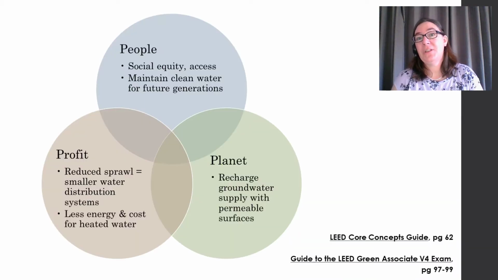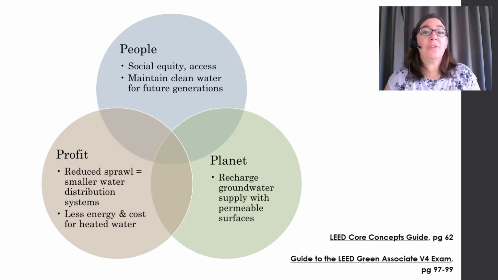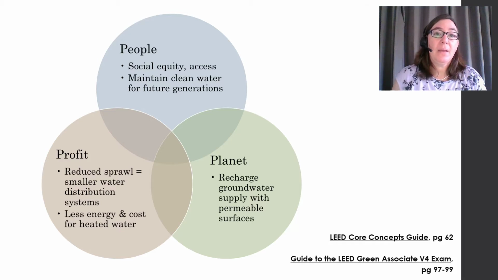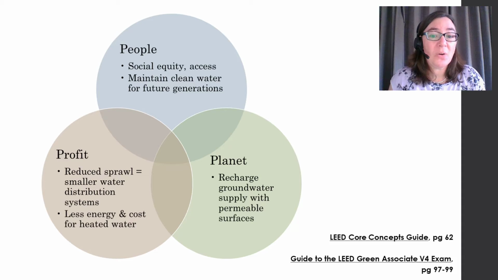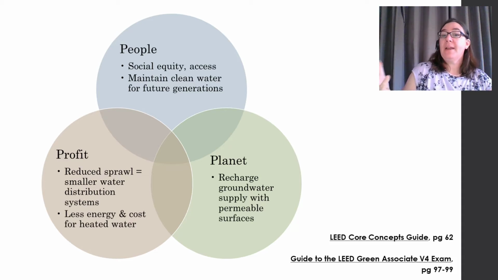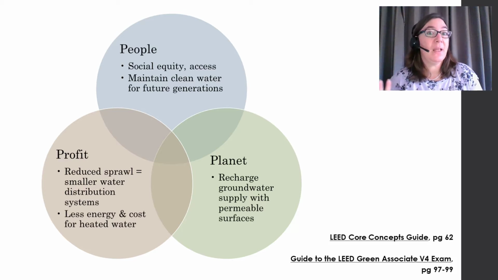And these water efficiency approaches support our triple bottom line. Starting with the planet, we can recharge the groundwater supply by specifying permeable surfaces. We support the profit goal by creating reduced sprawl and smaller water distribution systems, so we have to build less piping.